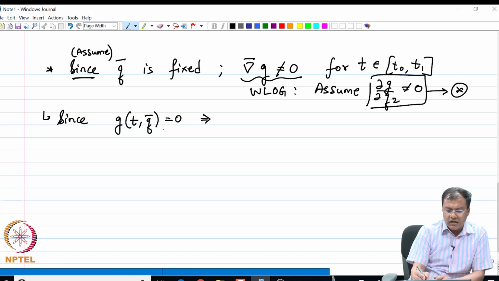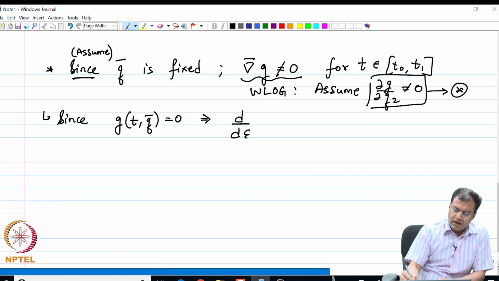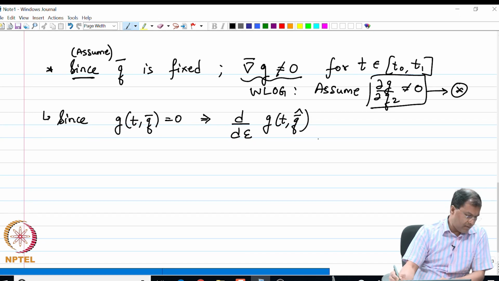The constraint at the perturbed value of q must also be 0, which means that the derivative with respect to epsilon of g of t comma q bar hat at epsilon equal to 0, that is at the critical point, must also be equal to 0.